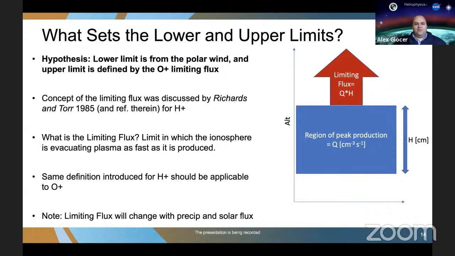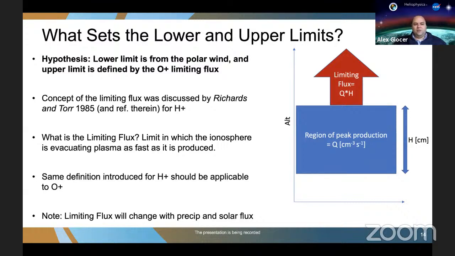But there's also an interesting concept of the limiting flux, which is discussed in a lot of detail by Richards and Torr and references inside of that paper. For H plus, basically taking the production rate times the region of production tells you the limit at which the ionosphere is evacuating the plasma as fast as it's produced. So this is a well-developed concept for H plus.